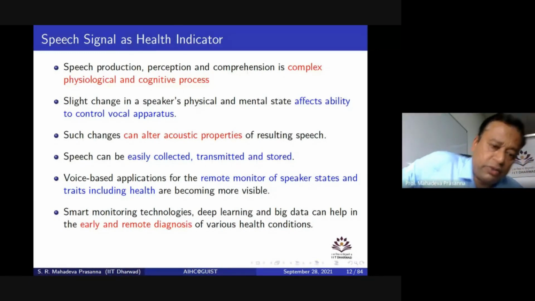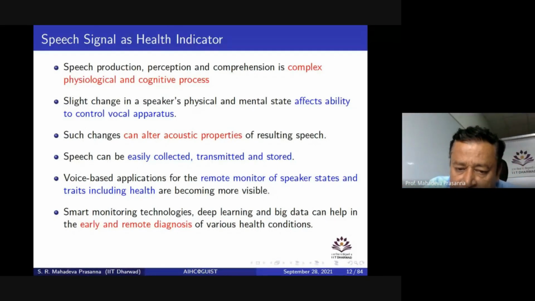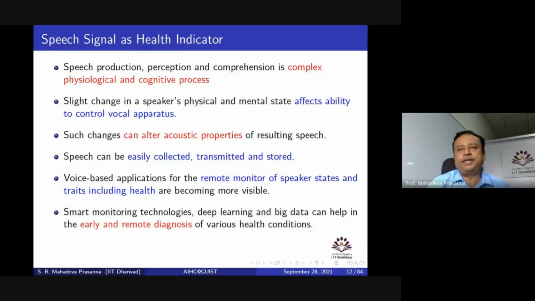All the wearable devices will have smart monitoring technologies, and they sense the data and send it to the cloud. In the cloud, the deep learning model can run on the incoming data and find out whether everything is normal or some deviation is predicted. Based on that, it can help in early and remote diagnosis.